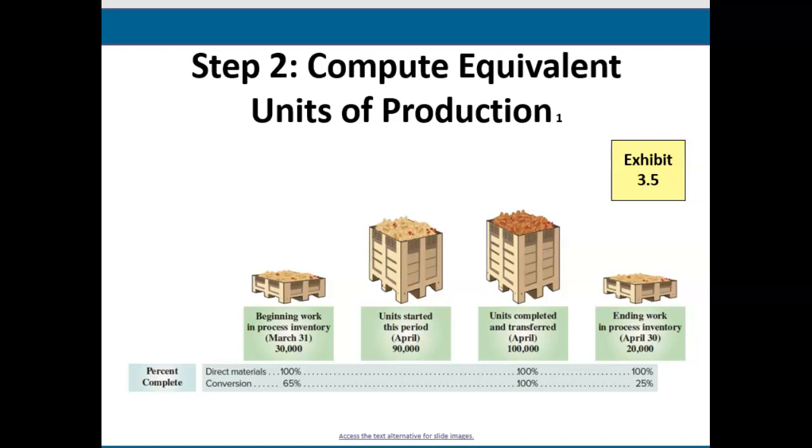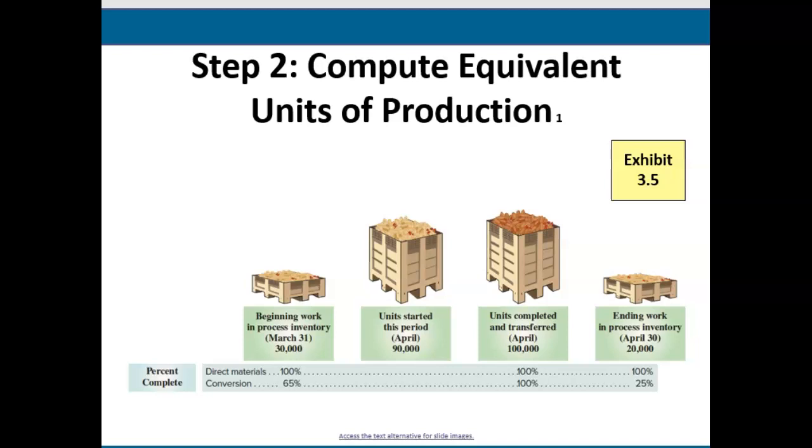Looking at 3.5, this shows the percent of complete data for direct materials and conversion for the roasting department. Those percents are needed to compute equivalent units of production.